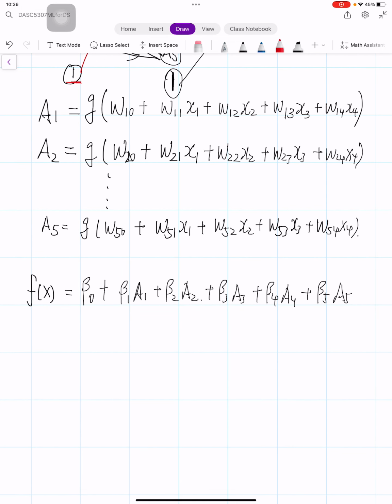So actually we can use a simple mathematical notation here: it is just beta 0 plus the summation over the number of the hidden layers, k from 1 to capital K, number of the hidden layers, okay, beta k multiplies the ak, right?